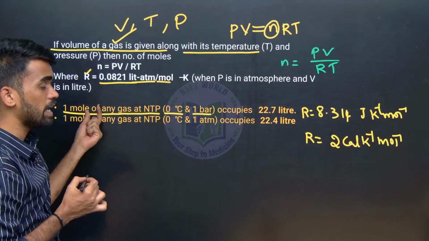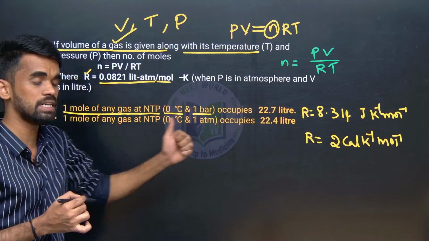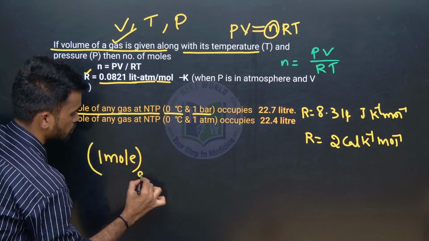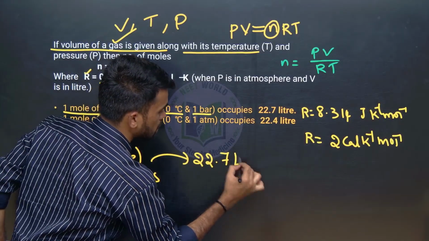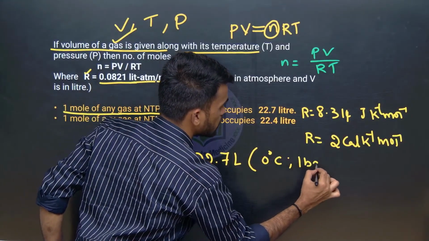So 1 mole of any gas occupies how much volume? It is 22.7 liters at 0 degrees and 1 bar pressure.